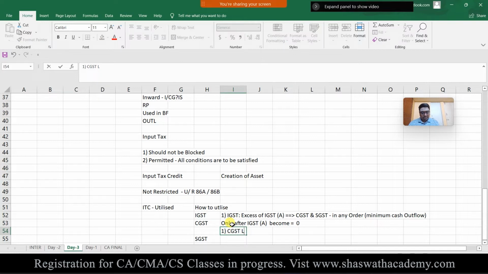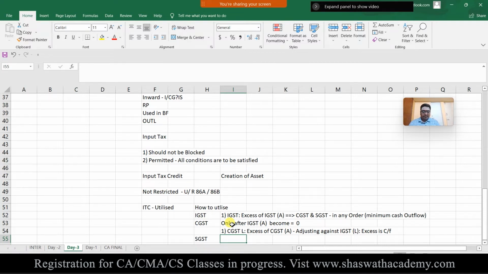CGST asset can be first utilized against IGST, and after completing the IGST, excess of CGST asset can be used for adjusting against IGST liability. And sir, excess over and above that, what will happen? Excess is carried forward. Guys, are you all with me? Yes, sir.